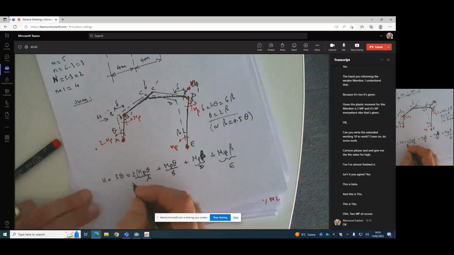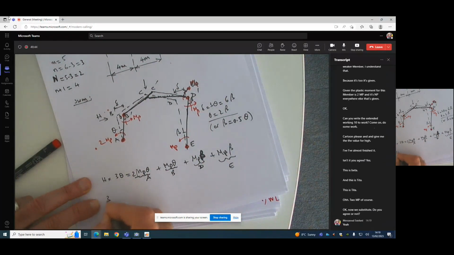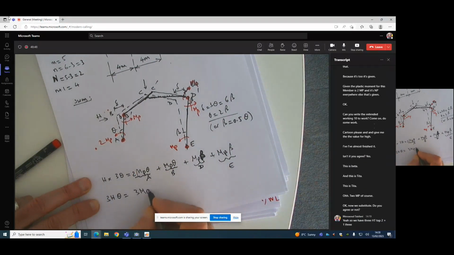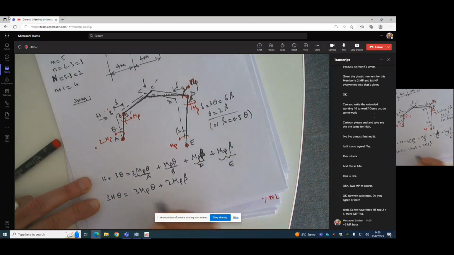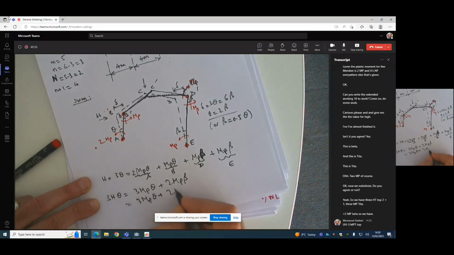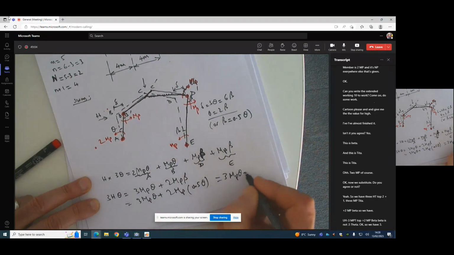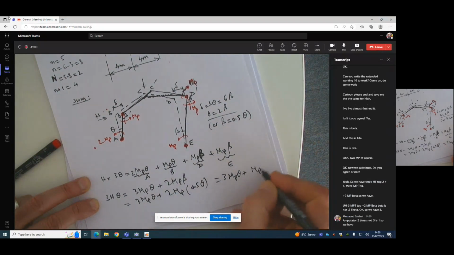Okay, now we substitute. Do you agree or not? Yeah. So we have 3H theta equals, 2 plus 1, 3 MP theta plus 2 MP beta. Beta is 0.5 theta. Okay. So we have 3 MP theta, 2 times 0.5 is 1, so we have MP theta.